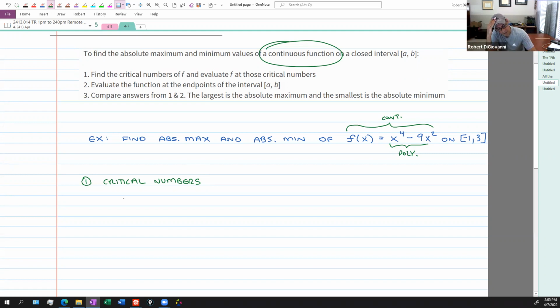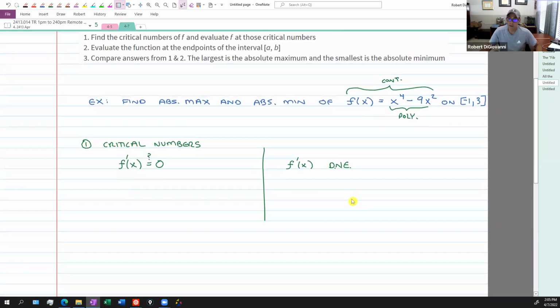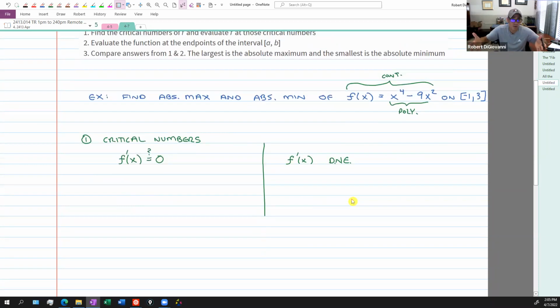So here's what I need to figure out. Where is the derivative equal to 0? And the other thing I need to look at is where does the derivative not exist? Those are the two things I want to look at for critical numbers.